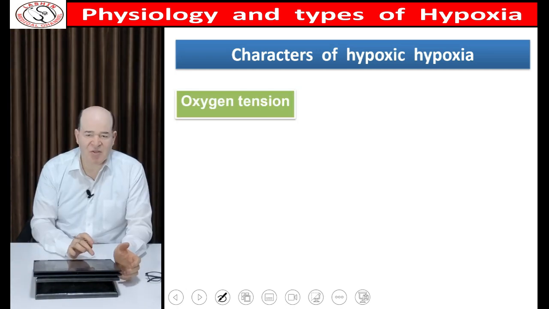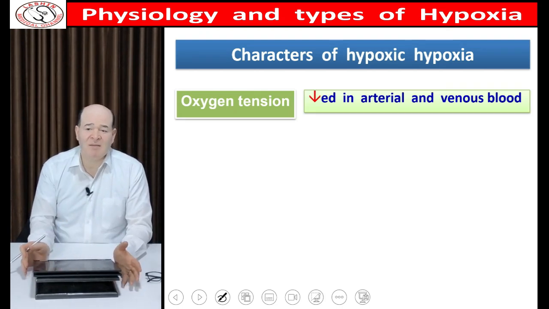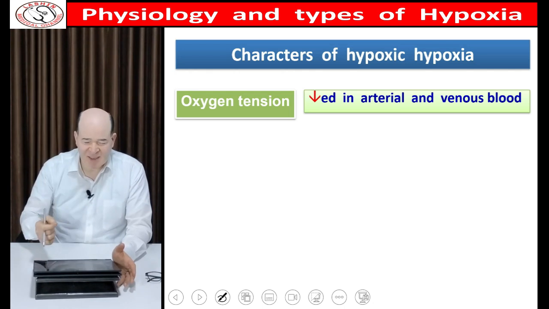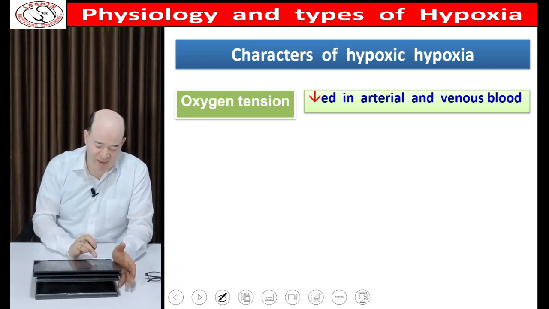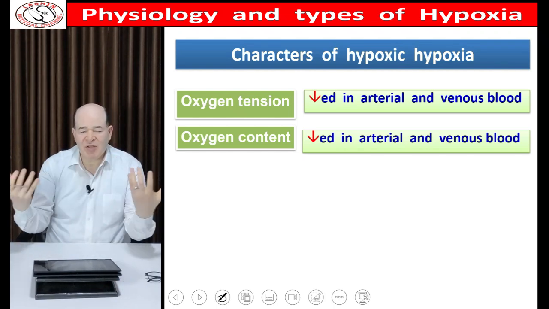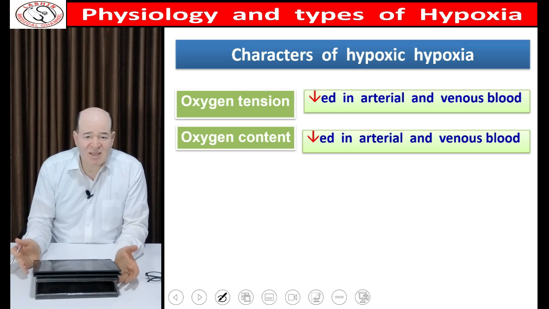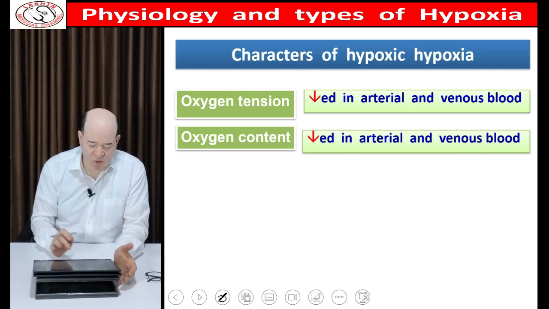First, oxygen tension. Oxygen tension is decreased in the arterial blood and in venous blood, and this is the main criterion of hypoxic hypoxia, as I said before. Oxygen content. Oxygen didn't reach its normal physical levels, so you can easily expect that the oxygen content on hemoglobin is also reduced.